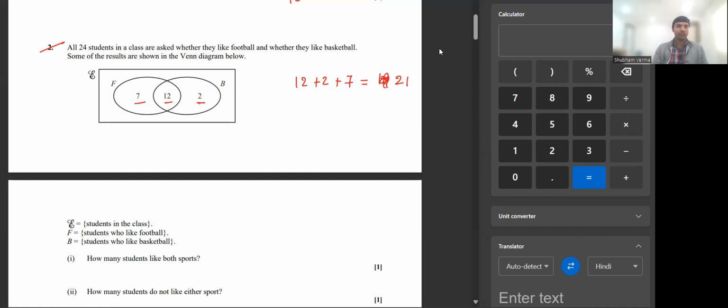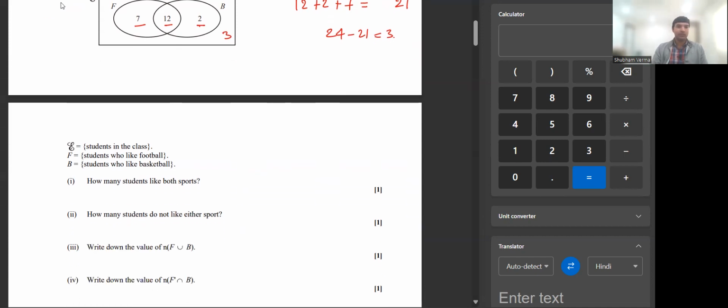This is 21, okay? But it is given that a total of 24 students are there. That means 24 minus 21, 3 students are such that they don't like either of the sports, neither football nor basketball.